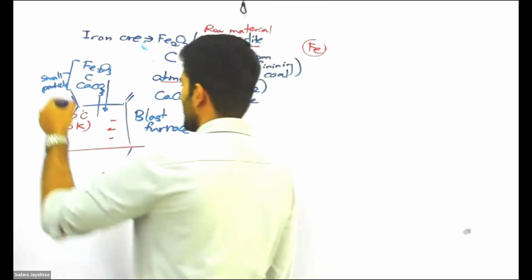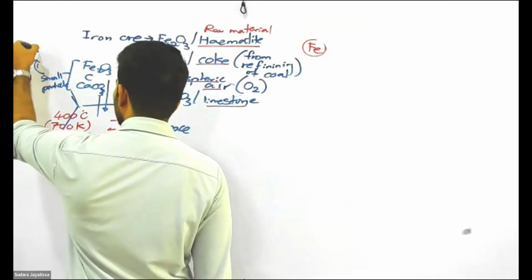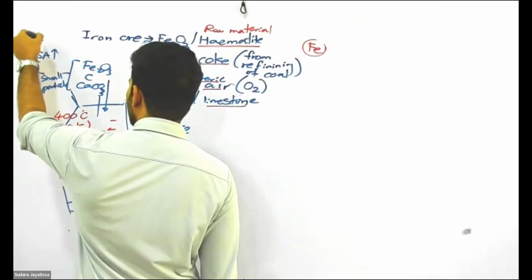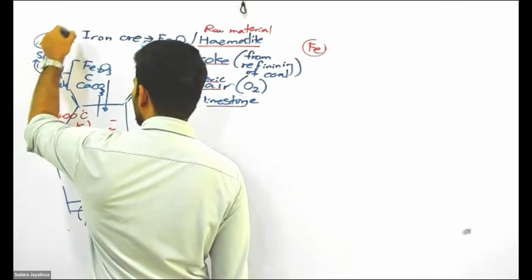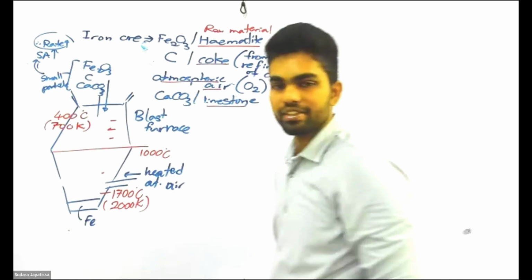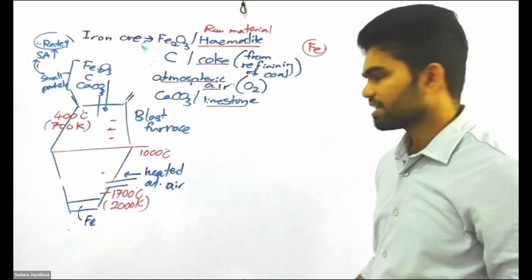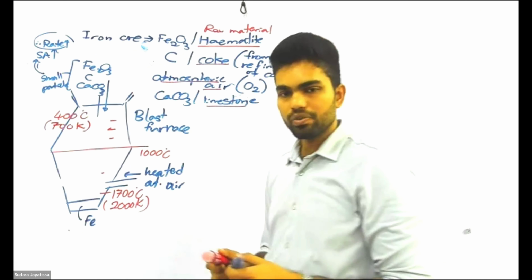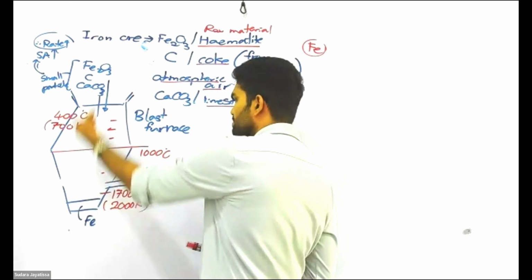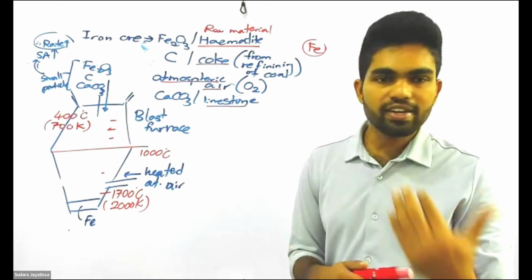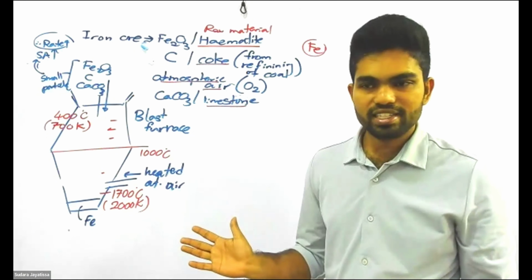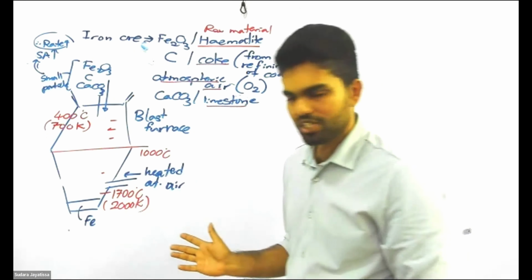When we add them as small particles, their surface area is high. Therefore, they will react efficiently, and the rate of those reactions will be high. We send the air from below, and the air will move up while these particles move down, and they will meet effectively and react. Can you understand the idea and picture?